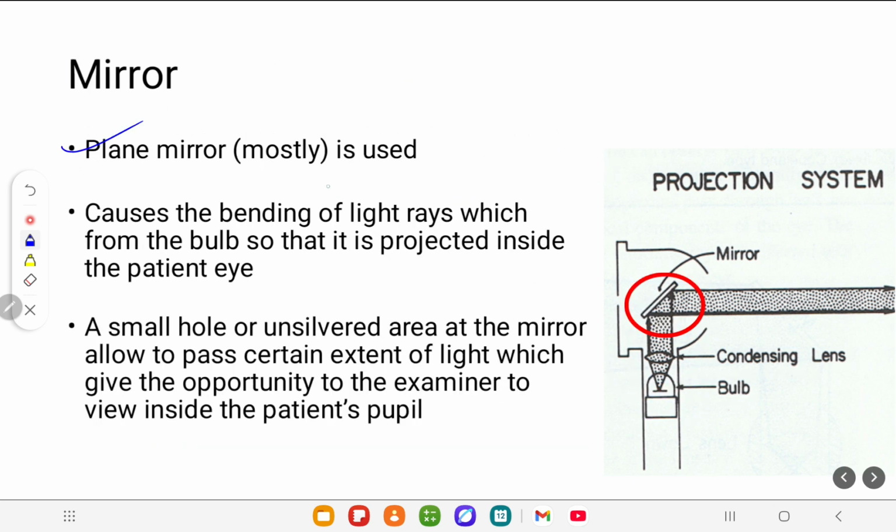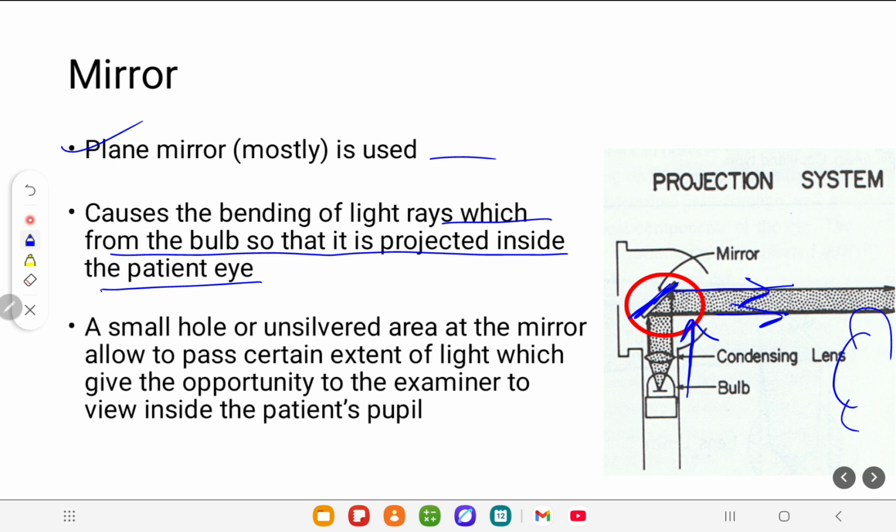And the plane mirror is mostly used to cause bending of the light ray, which goes from the bulb to being projected inside the patient. So light goes like this, and what we do is put the plane mirror at a 45-degree angle, then it strikes and at the same time goes to the patient's eye, isn't it? Here is the patient's eye. So it changes the direction, from upwards to directly into the patient's eye.